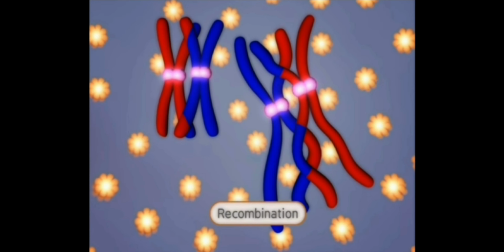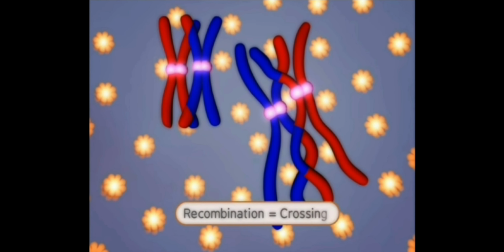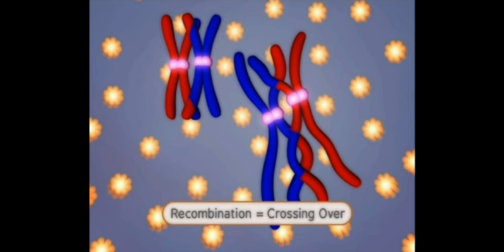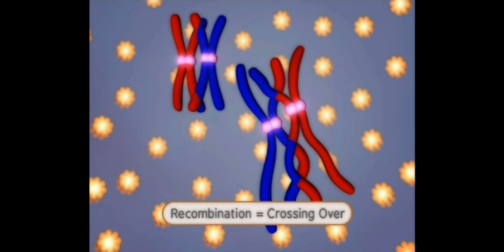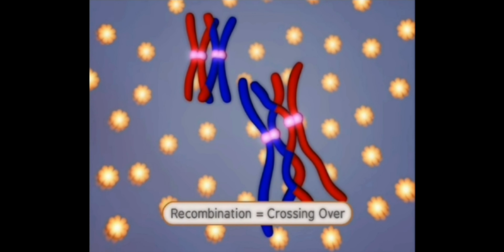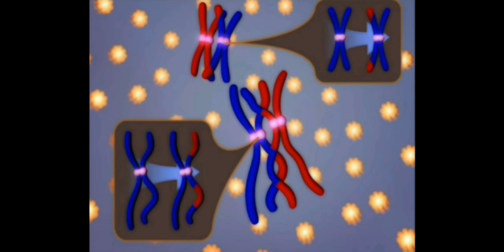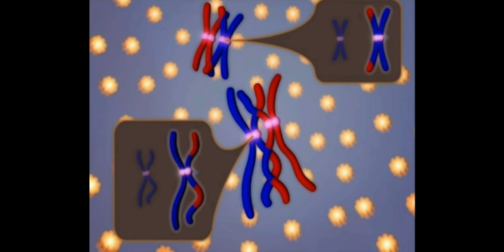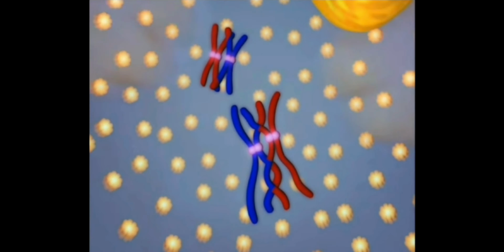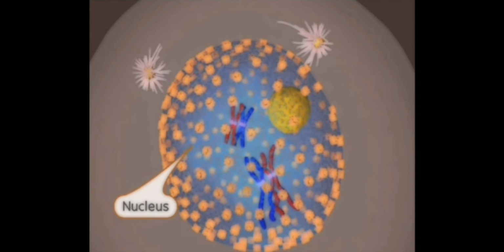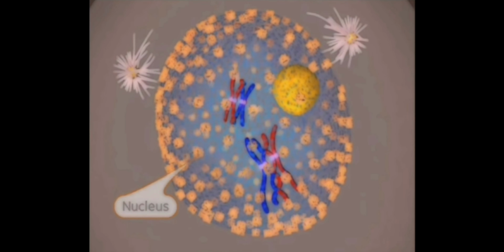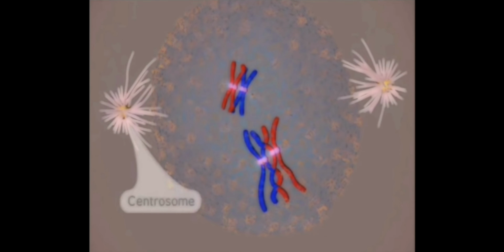This event is called recombination, or more commonly crossing over, and we'll speak more about crossing over at the end of the video. After crossing over, the sister chromatids for each chromosome are no longer identical to one another. This is one of the reasons why no two siblings aside from twins are genetically identical.